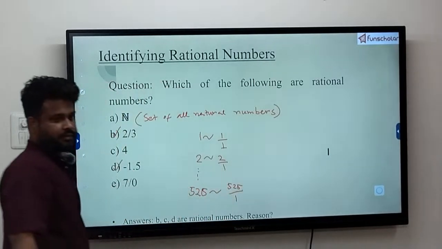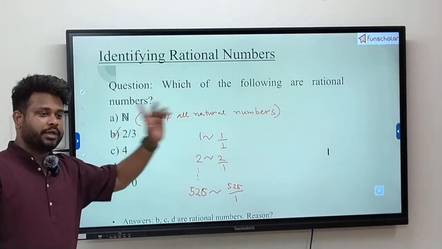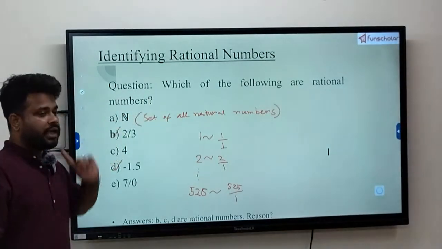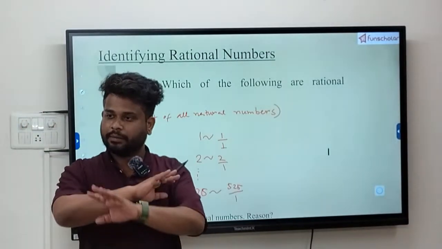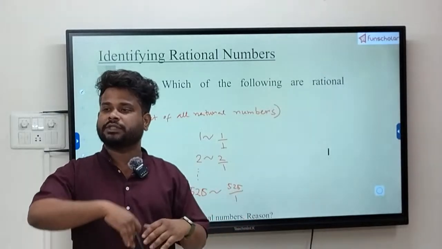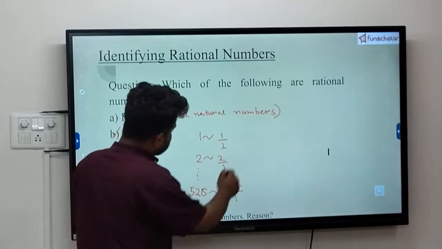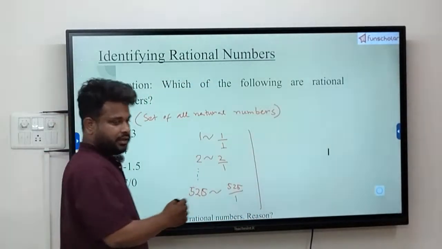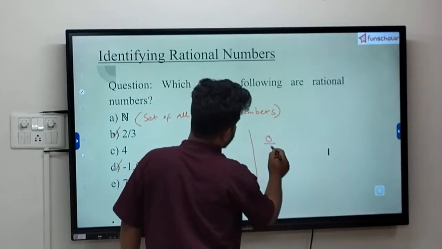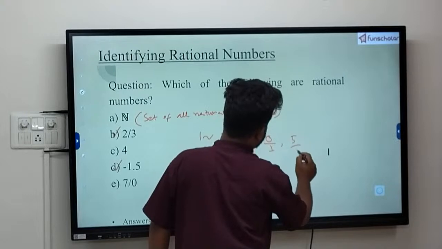Write it. Okay, these all are natural numbers which can be represented in p by q form, which is the standard form of a rational number. सभी natural numbers को हम rational numbers की तरह लिख सकते हैं, यही बात है. ठीक वैसे ही हम लोग whole numbers को भी लिख सकते हैं. Just like 0 can be written as 0 by 1, 5 can be written as 5 by 1.